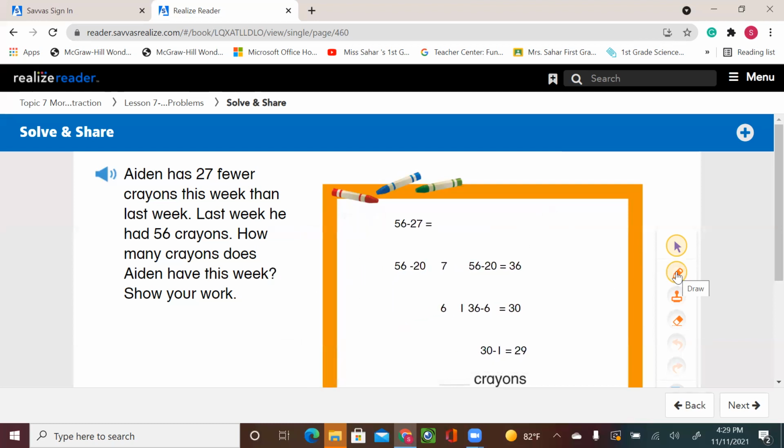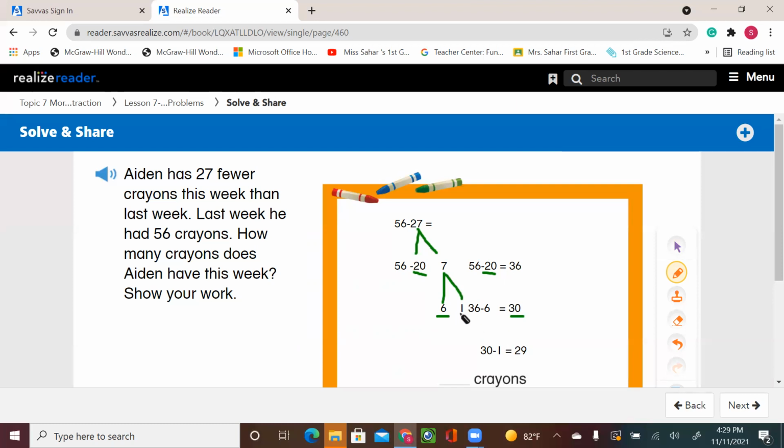All right, so let me draw. So now I broke my 27 into 20 and 7, and then I broke the 7 into 6 and 1. And then I subtract the 20, so 56 minus 20 is 36, and 36 minus 6 equals 30.